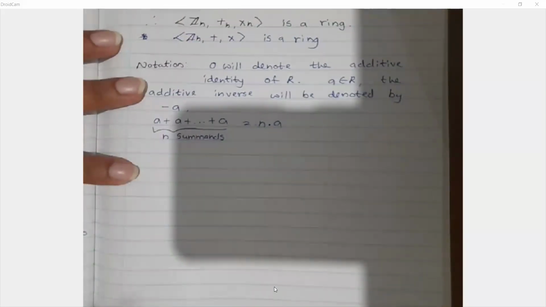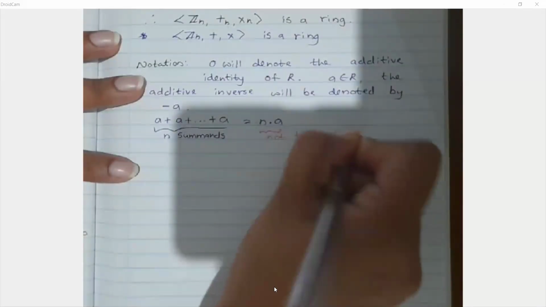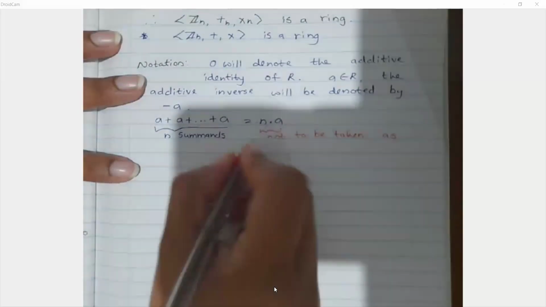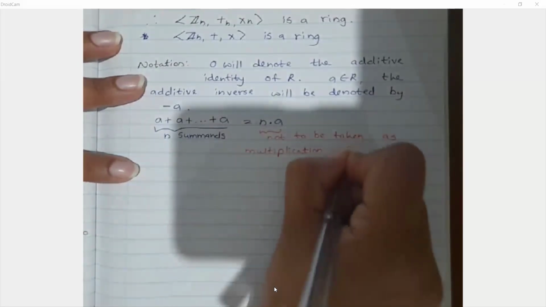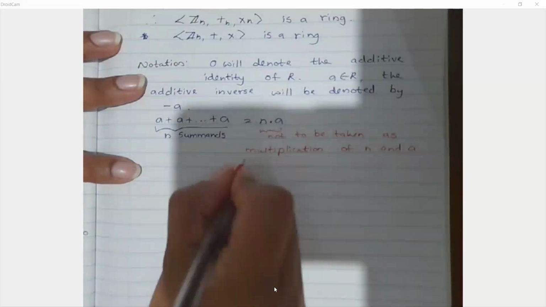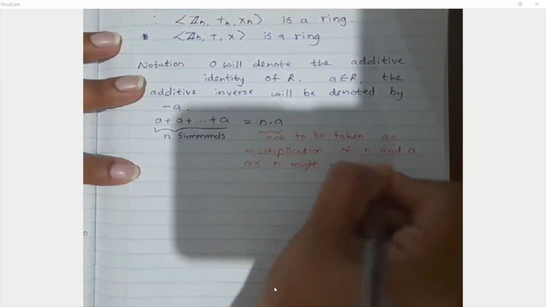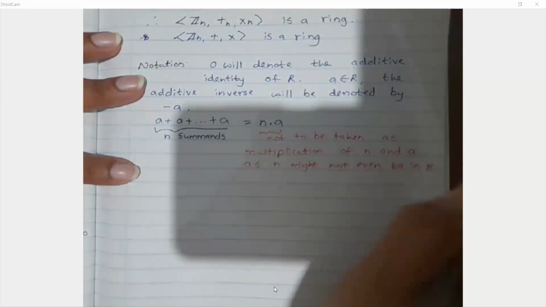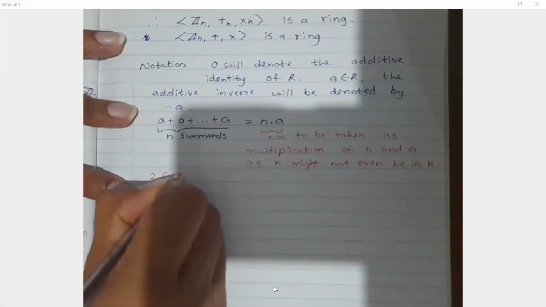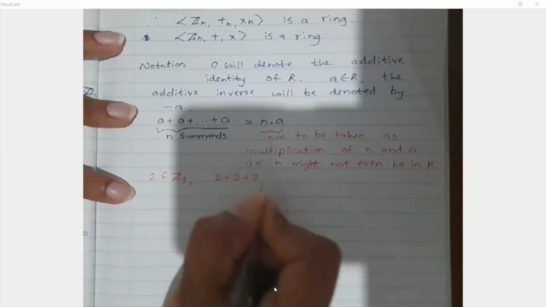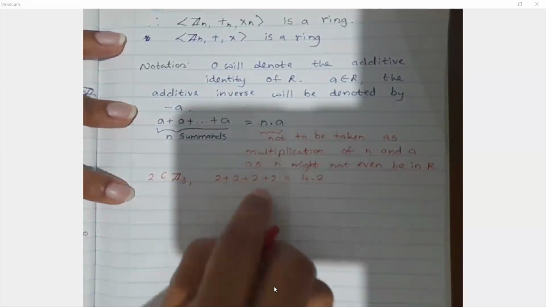For example, I'll just write it: not to be taken as multiplication of n and A, as n might not even be in R. For example, if you take 2 from Z3, right? 2 plus 2 plus 2 plus 2, you can write as 4 times 2 because you have 4 of these.